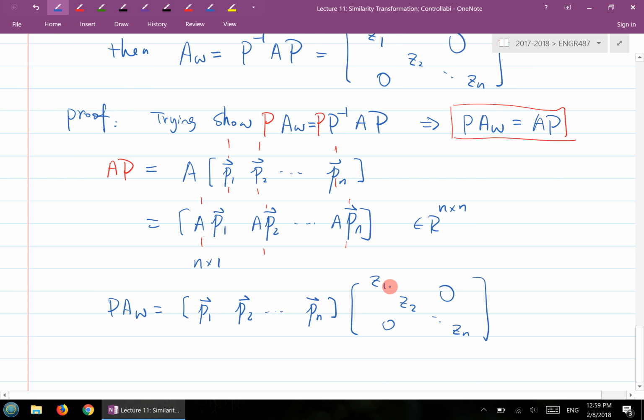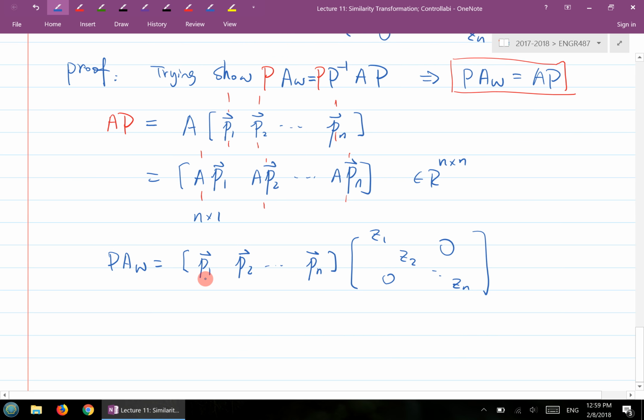That's P times AW. Now let's multiply the matrix that is here. This is column, column, column here. When you multiply this with that matrix, if you can imagine this, you basically get what is it?